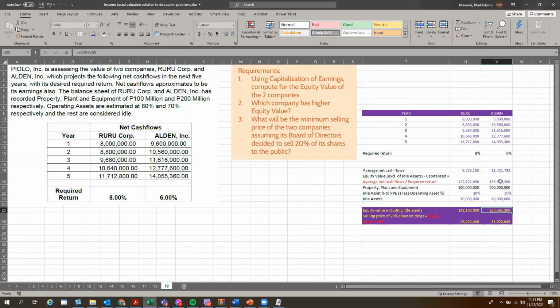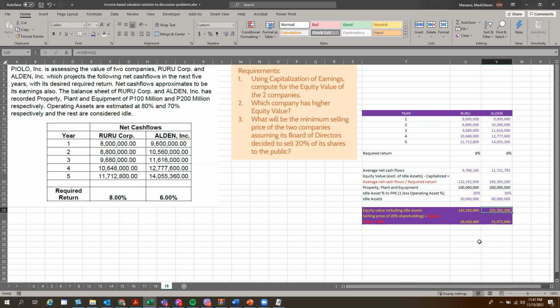Again, that's 195,363,200 plus 60 million idle assets. Now, question number 2, which company has higher equity value? The answer is Alden, of course, with 255 million.